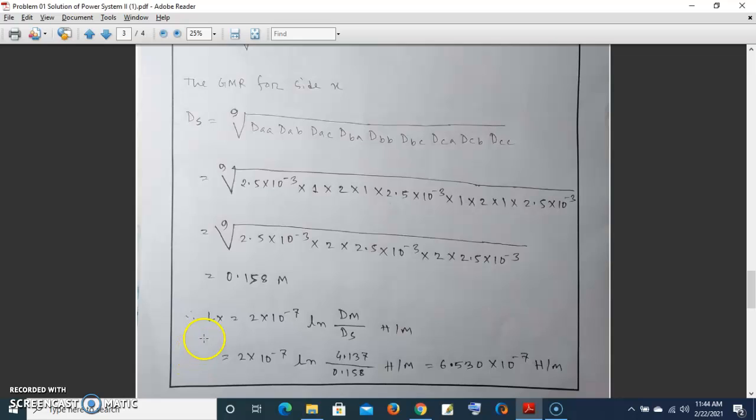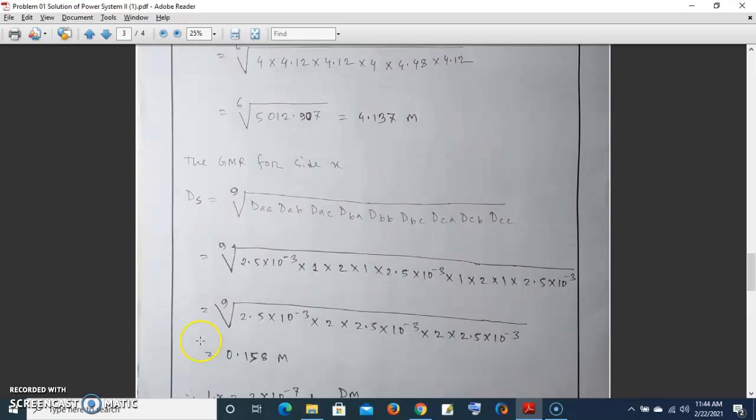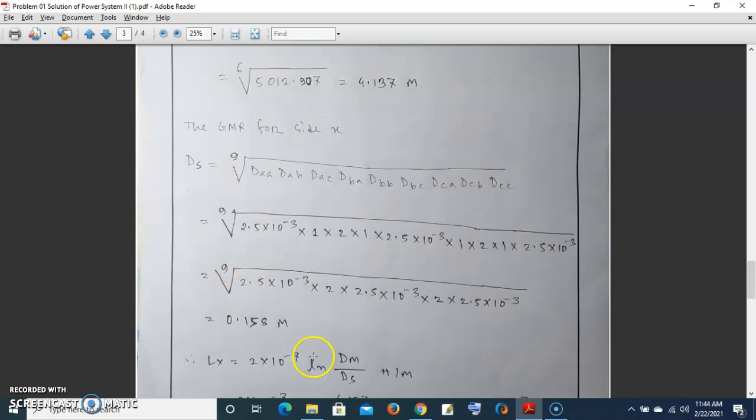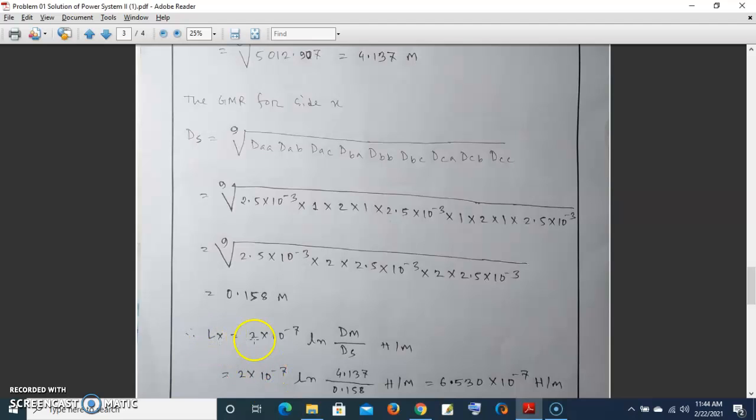We know the rule to get the inductance. Lx equals 2 times 10 to the minus 7 ln of DM by DS henry per meter.